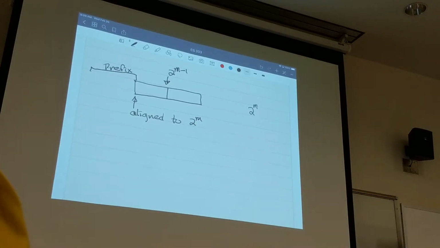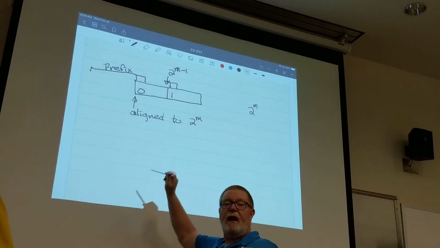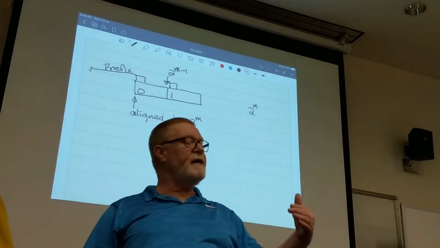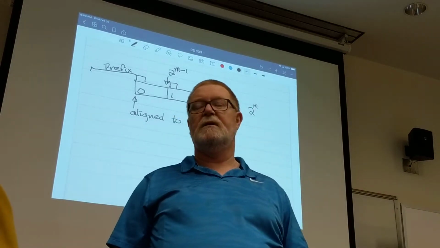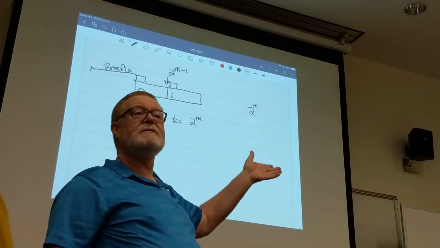The difference between the two of them is that now this prefix got one bigger, and it also includes this. So this one will be a 0, this one will be a 1. So the prefixes for a 2 to the n block on the next level down, okay, the prefix will be identical except for the last bit.